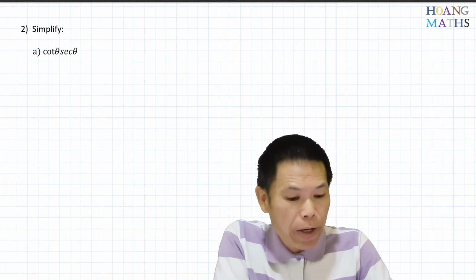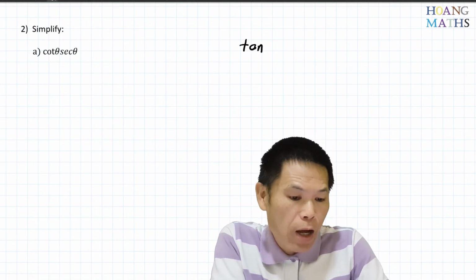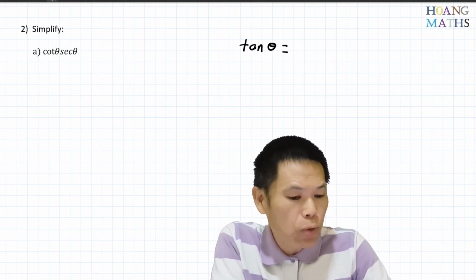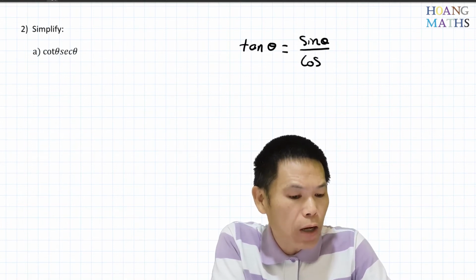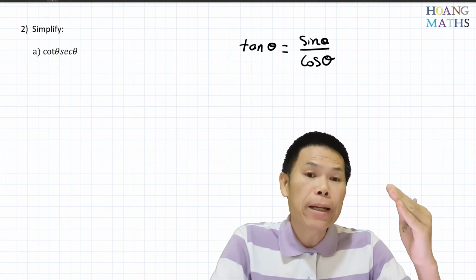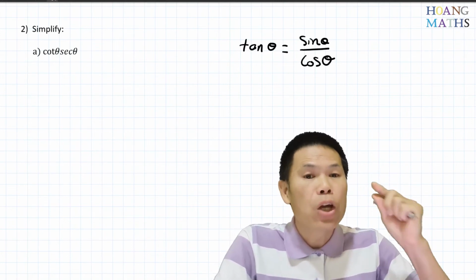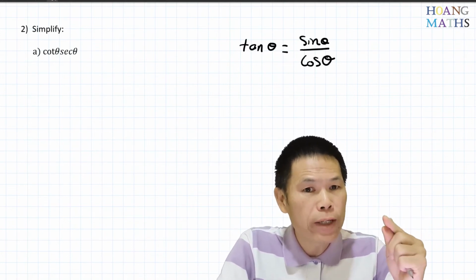So if you think about it, okay, tan of theta is equal to sine of theta over cos of theta. But then we want cot of theta. Cot of theta is 1 over tan.